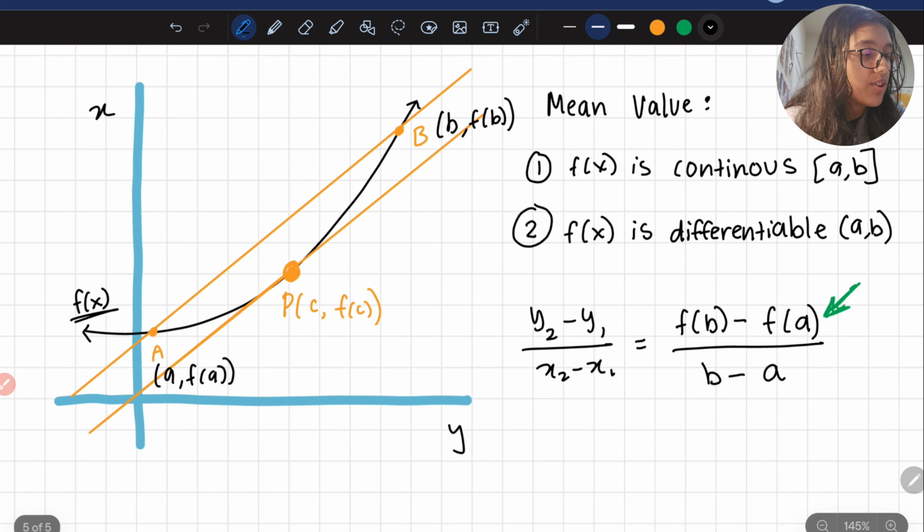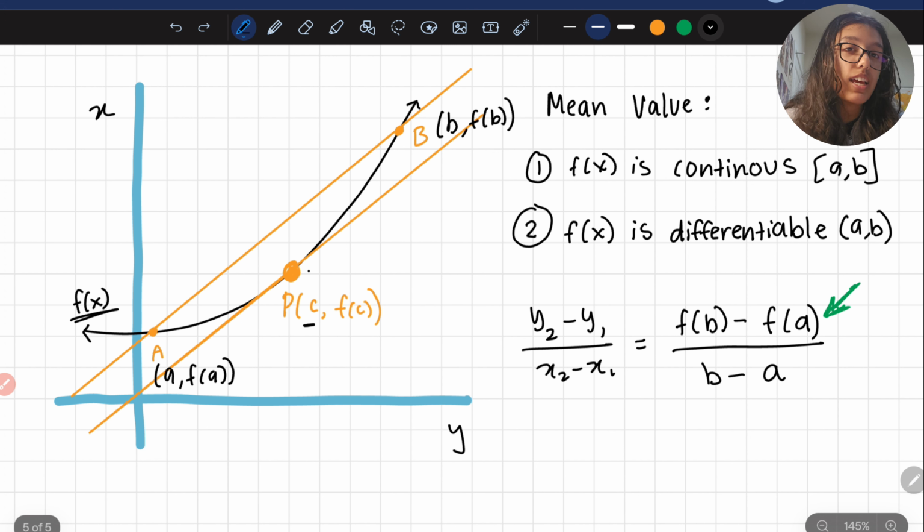The mean value theorem says if your function is continuous and differentiable over the domain a to b, then there exists a point on the curve f of x such that the tangent there is parallel to the chord joining the ends of the curve. What did I just say?